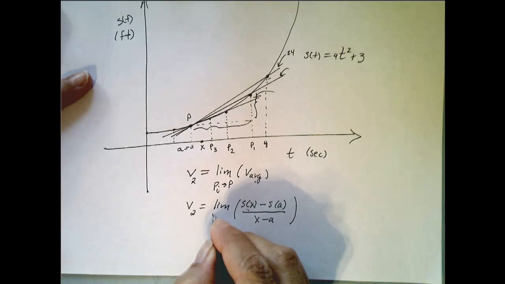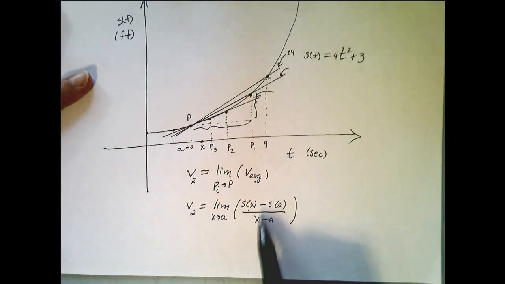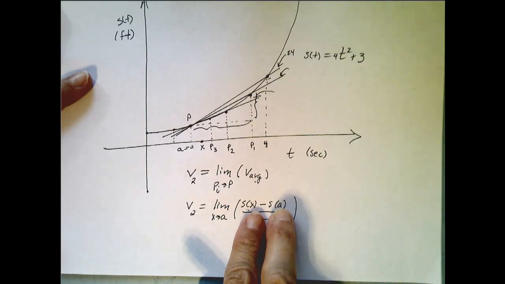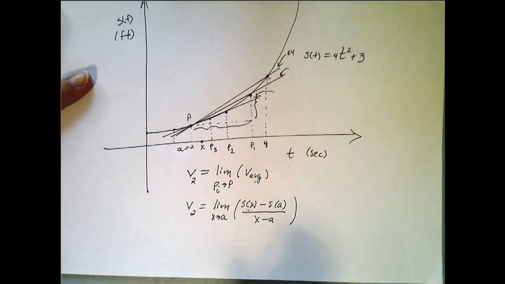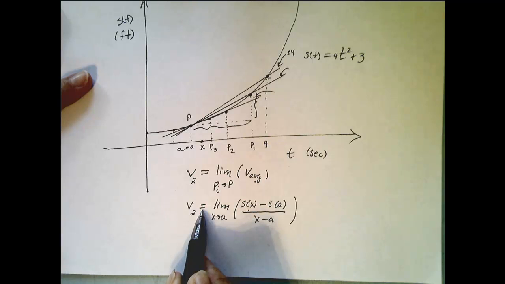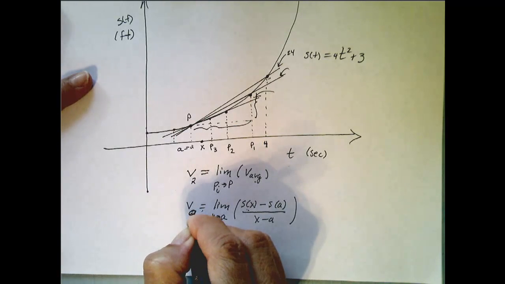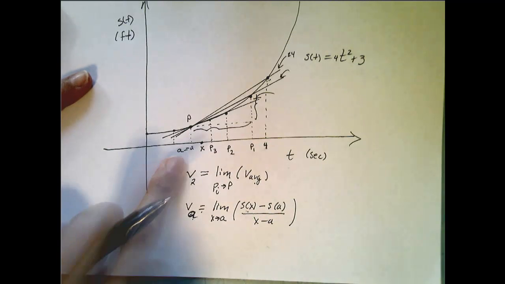Then as x approaches a, this is my average velocity between a, s of a, and x, s of x, and that's going to be equal to the instantaneous velocity at a. In this case, our a is 2.